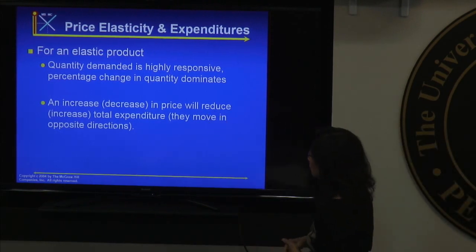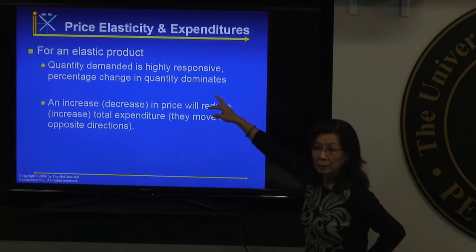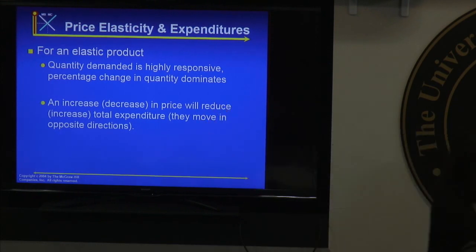For an elastic product, quantity demanded is highly responsive, percentage change in quantity dominates. So therefore, in this case, we say that expenditure comes down. But when price dominates, which is the inelastic part, let's see, oh yeah, now we're talking about elastic.